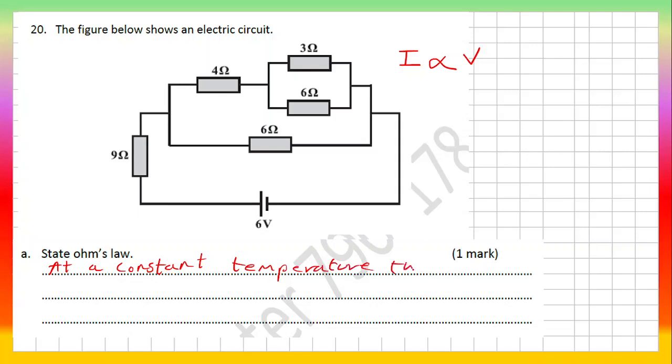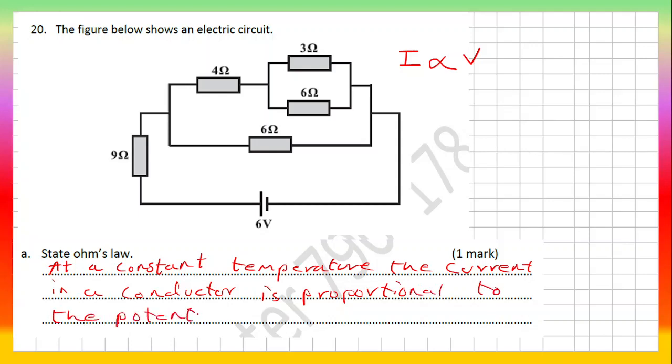the current in a conductor is proportional to the potential difference, PD.